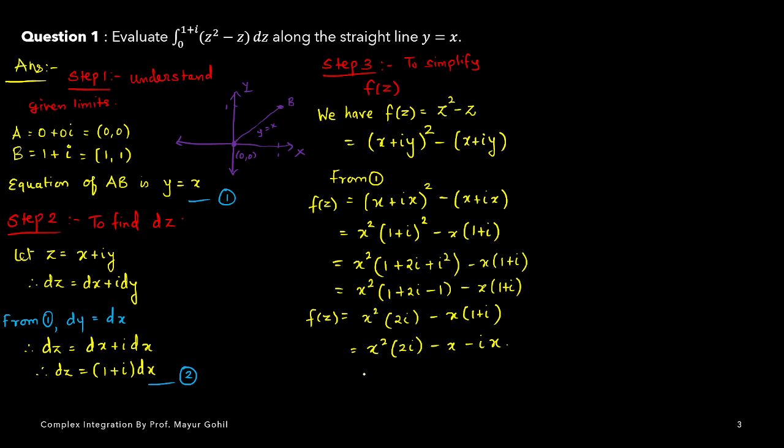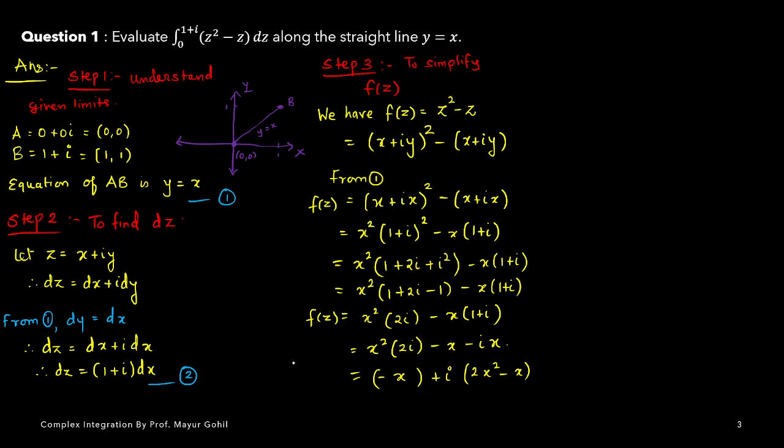So I'll get minus of x over here, and then I'll keep i common, so 2x square minus x. This is the imaginary part over here.